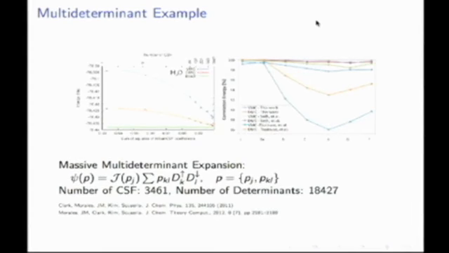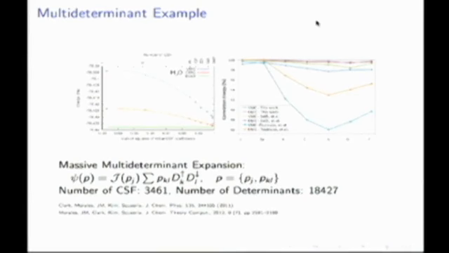It's just that the number of terms in this determinant expansion is much larger than before. Previously, the number of terms you would expect in an expansion could be of order 10, maybe up to 100 if you really have a lot of computer time to use on a problem. There's a way that you can use many more, and it's in this paper, Clark, Morales, me, Kim, and Scuseria.